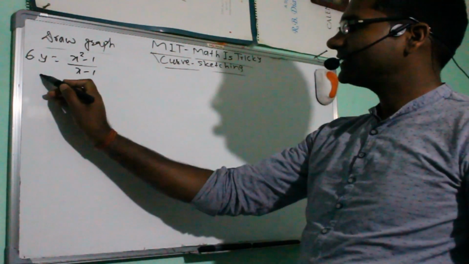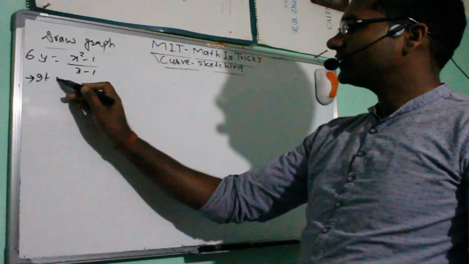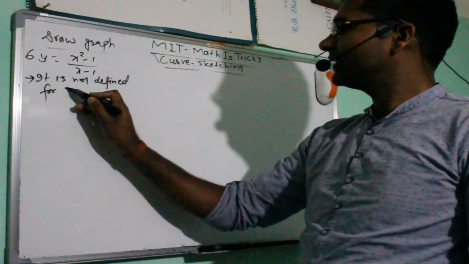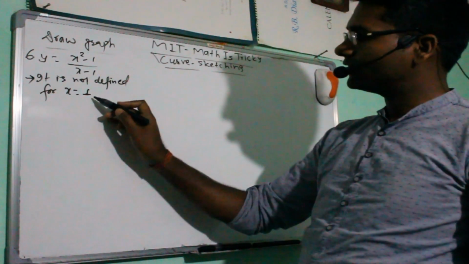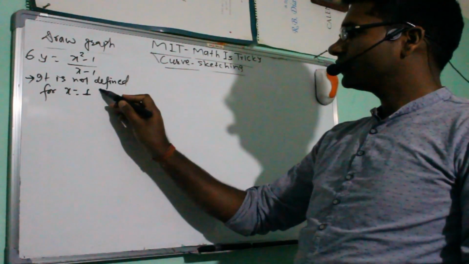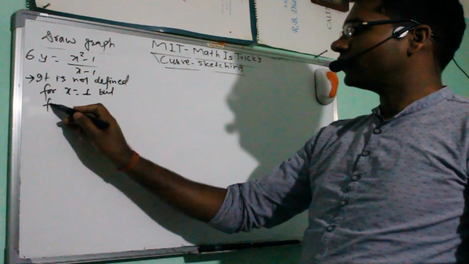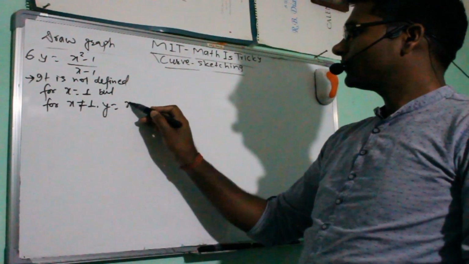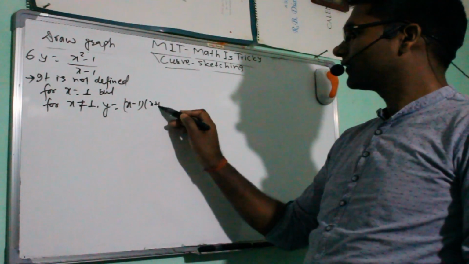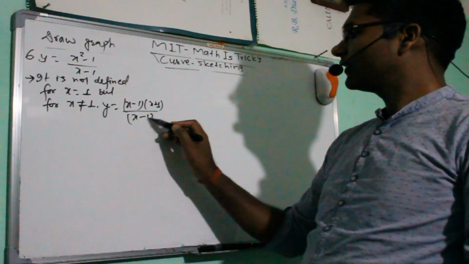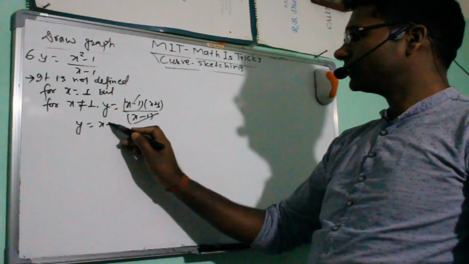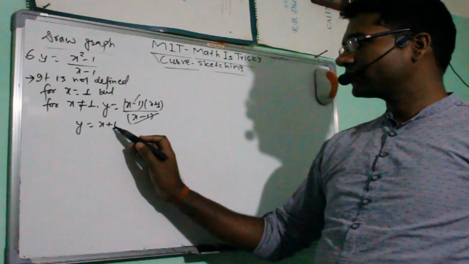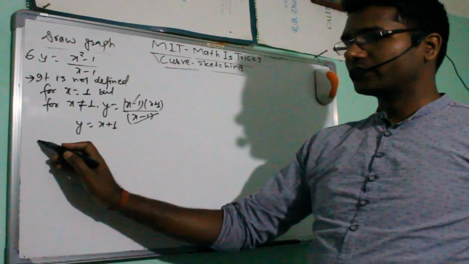So you can see here the first line, it is not defined for x equals 1, because for x equals 1 it will be in the form 0 by 0, but for x not equal to 1, y becomes (x minus 1)(x plus 1) by (x minus 1), which equals x plus 1 for other values of x.